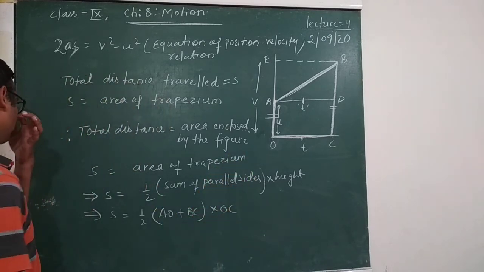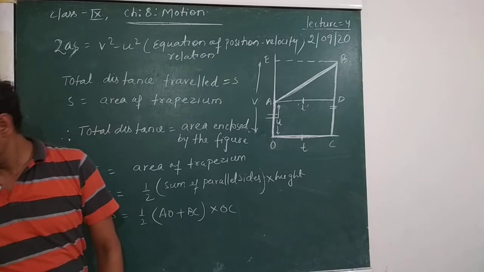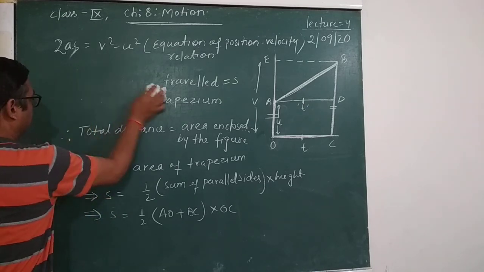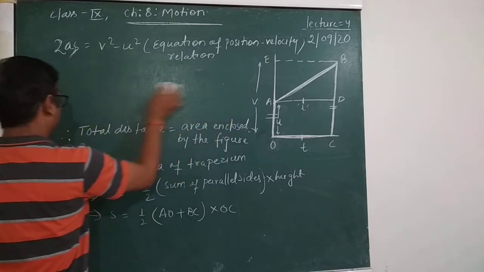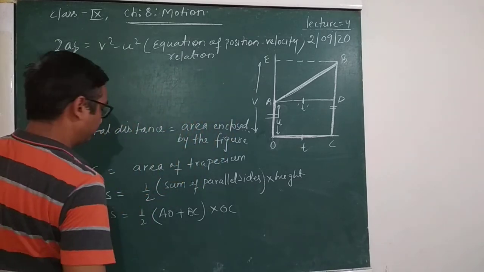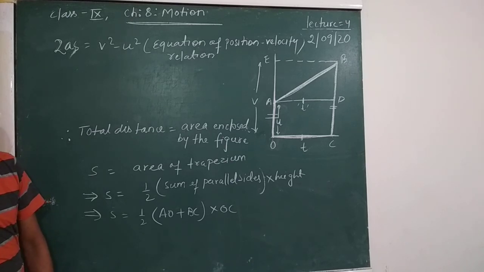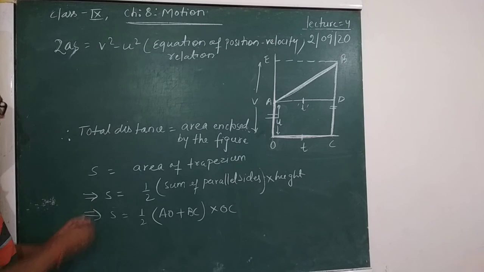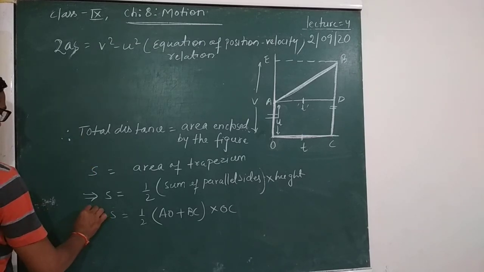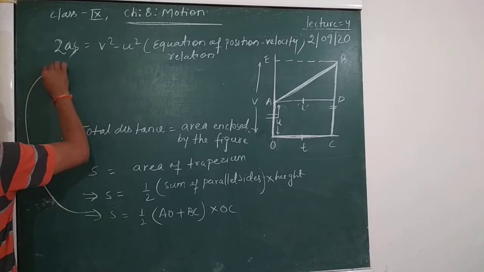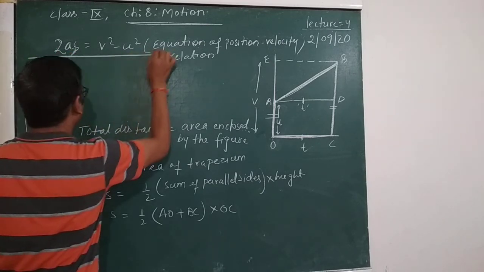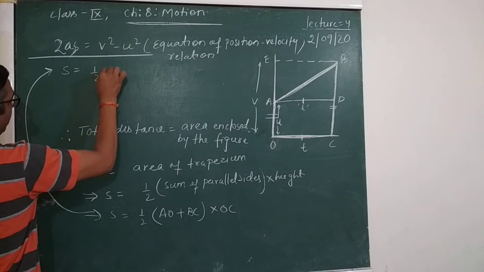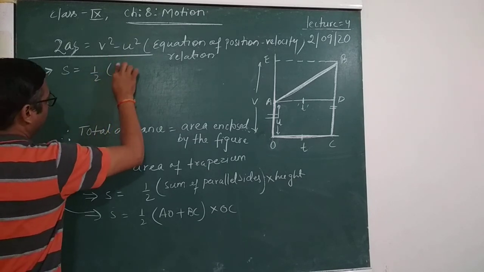So s is equal to 1 by 2 into AO plus BC into OC.